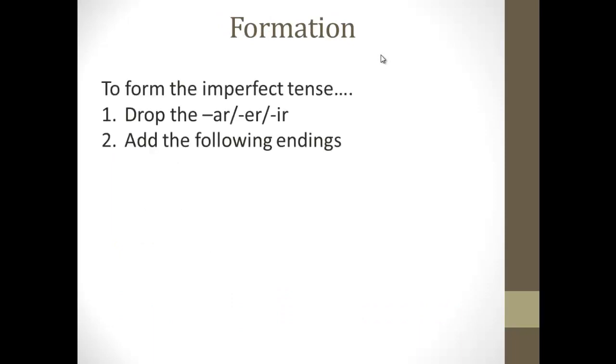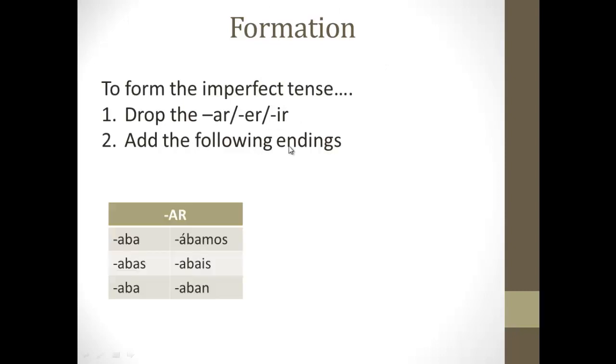Okay, so now let's talk a little bit more about formation. How do we form a verb in the imperfect tense? Two steps here. First step, you have your AR, ER, or IR, and you need to drop it. Okay, get down to the verb stem. Then you need to add the following endings. If you have an AR verb, you're going to add aba, abas, aba, ábamos, abais, aban.